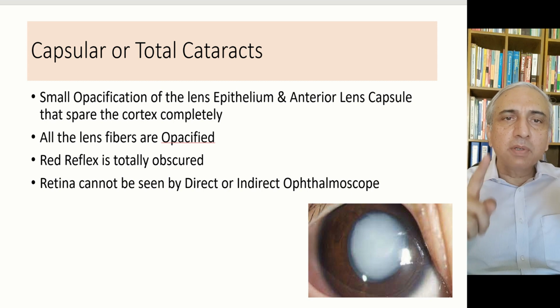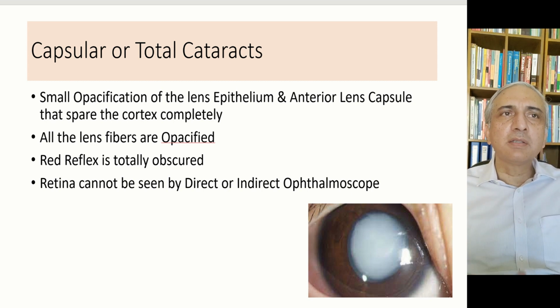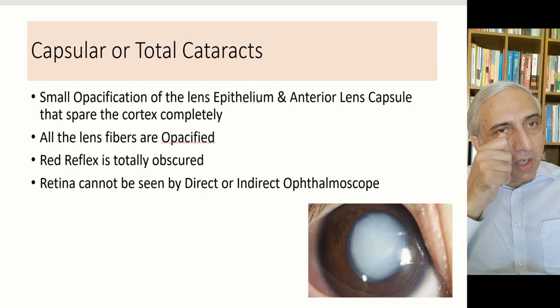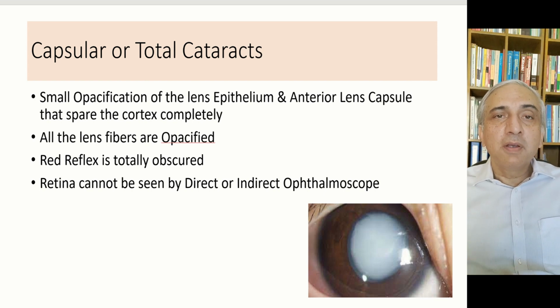Or all the lens fibers are opacified and the red reflex is totally absent, and the retina cannot be seen by direct ophthalmoscopy. In infants, direct or indirect ophthalmoscopy is very important because you can put your eye to a direct ophthalmoscope and see through the red reflex how much of the opacity there is.